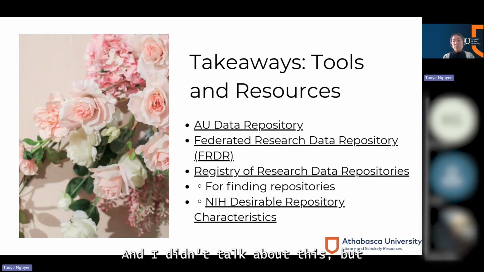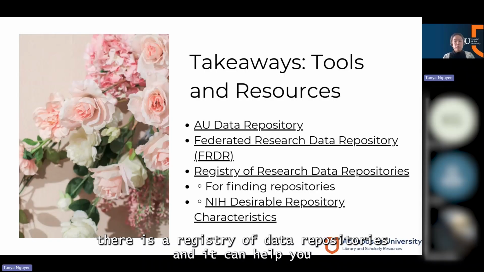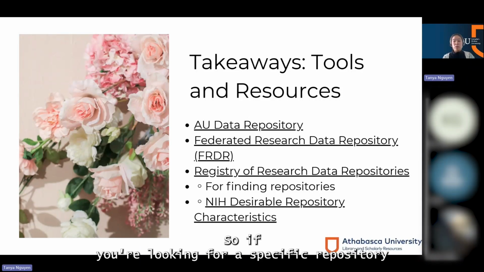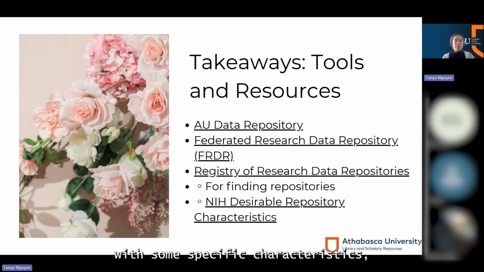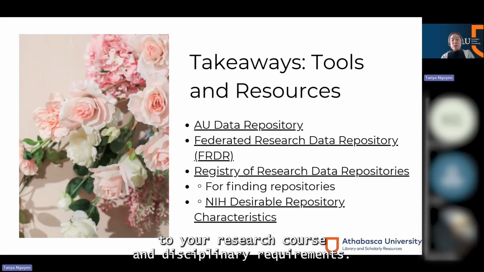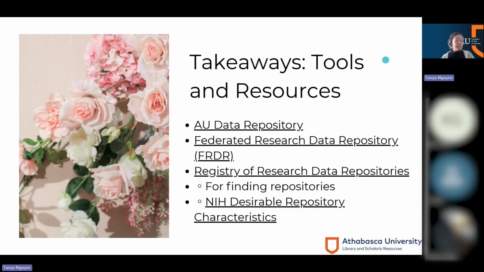And I didn't talk about this, but there is a registry of data repositories, and it can help you identify types of repositories that might match your research needs. So if you're looking for a specific repository with some specific characteristics, those would be outlined through the NIH Desirable Repository link. So as you consider these options, think about how they align to your research goals and disciplinary requirements.